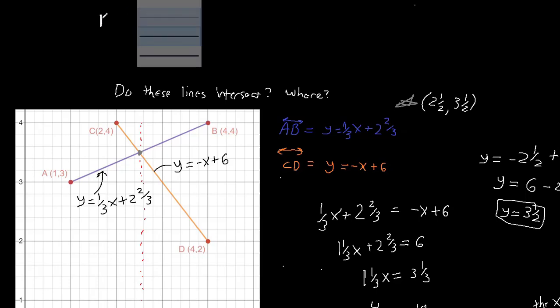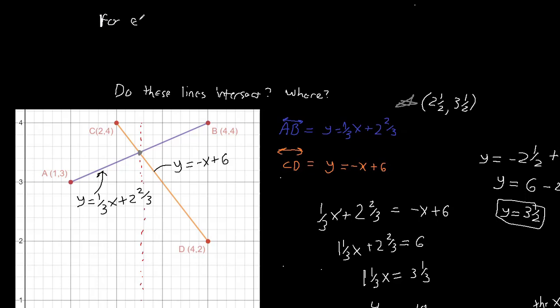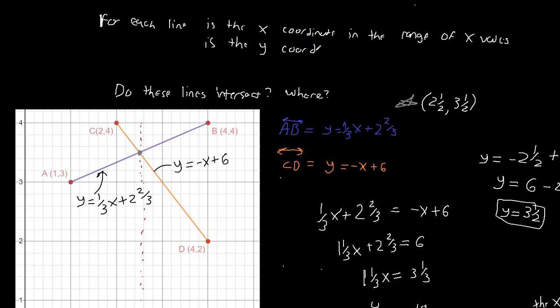For each line, is the x coordinate in the range of x values, and is the y coordinate in the range of y values?